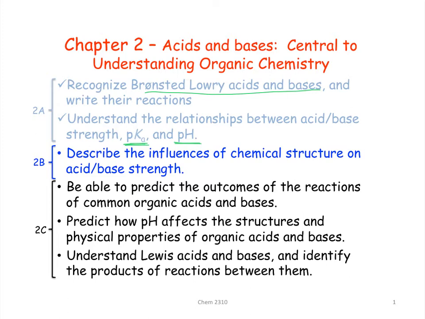In this video, we're going to go on and look at how changes in chemical structure affect acid-base strength. So we'll see what it takes for an acid to be a strong acid versus a weak acid.